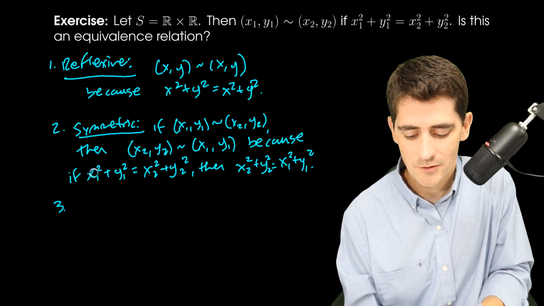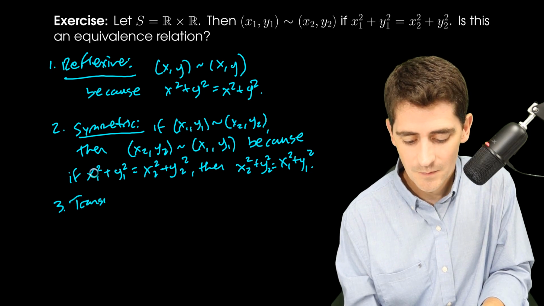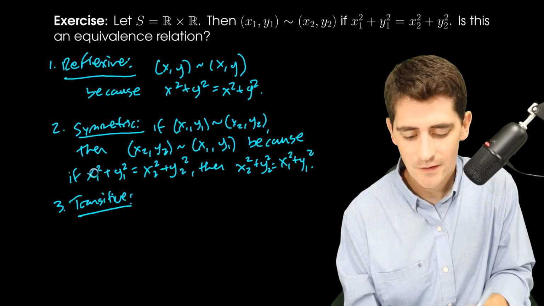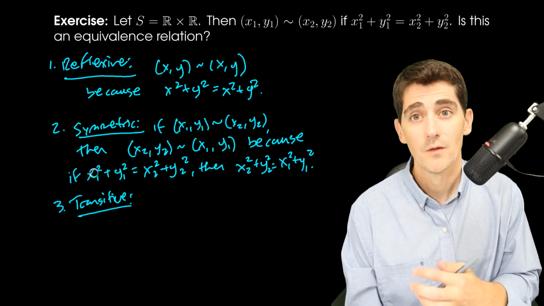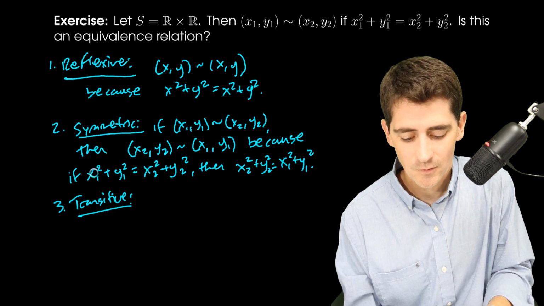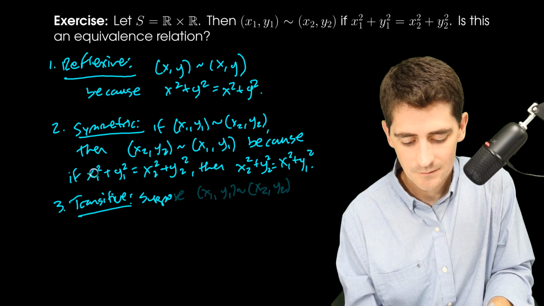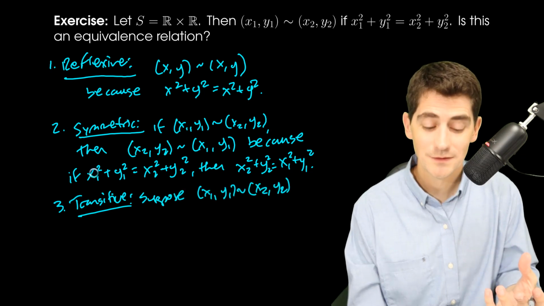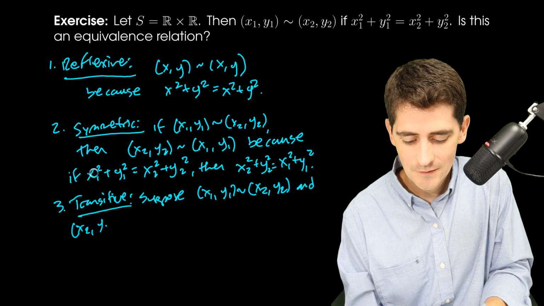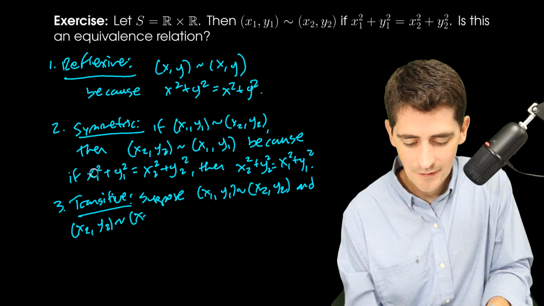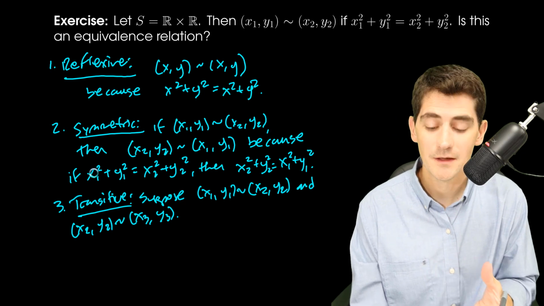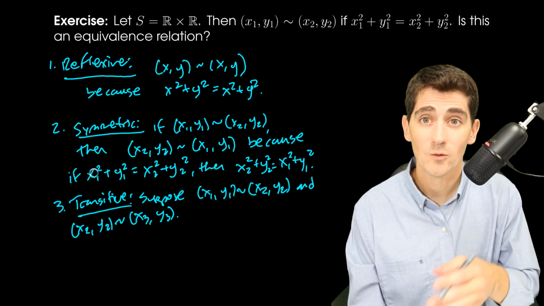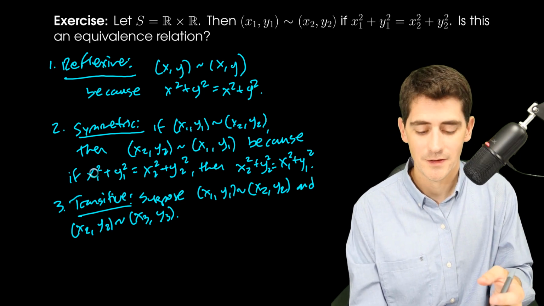All right, the third thing, transitive. In this particular example, the transitive property is going to be about as simple as the last two. This time we need 3 points. Suppose that (x1, y1) squiggles (x2, y2), and (x2, y2) squiggles (x3, y3). Can we show then that (x1, y1) squiggles (x3, y3)?